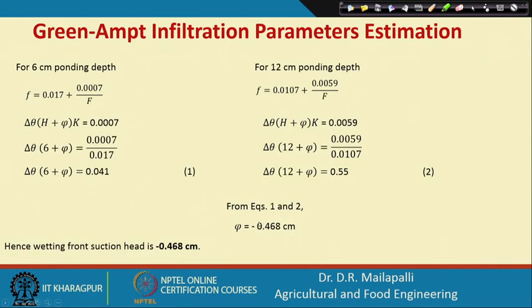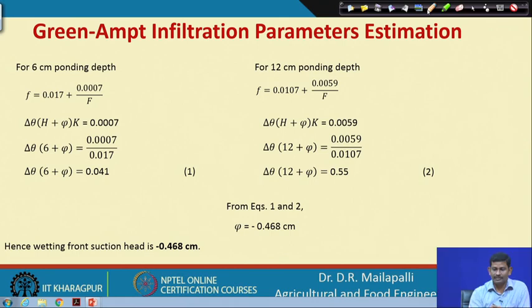Okay, so here, continuing the example, for 6 centimeter ponding depth, this is the equation we got. Delta theta h plus psi into k is equal to this much, and h is 6 centimeter, and you get finally delta theta 6 plus psi is equal to this much.